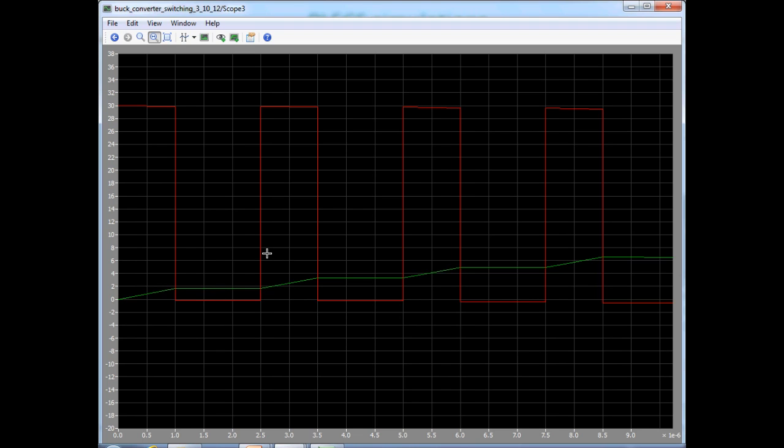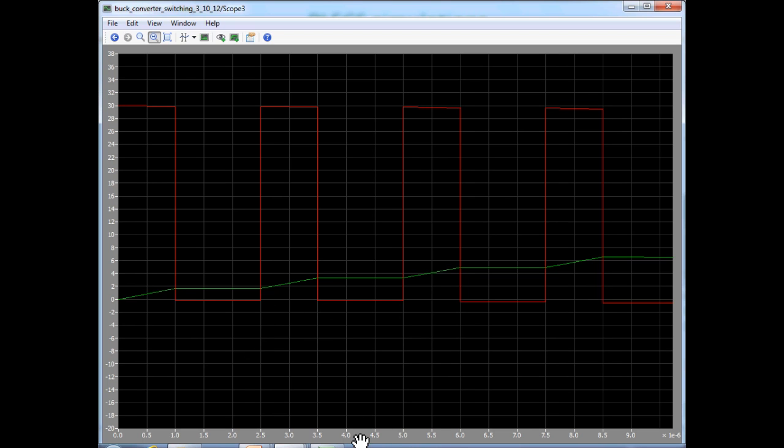And in the next cycle, it starts from this initial value and rises at a slope again much higher than its steady state rate, because the voltage is still roughly equal to 30 volts, because the output voltage is only rising slowly. And so clearly the inductor current keeps rising from one cycle to the next cycle, and that is the startup transient. And the output and the inductor voltage has a similar wave shape.